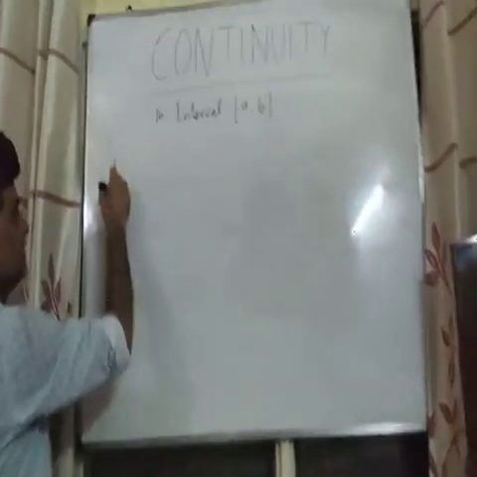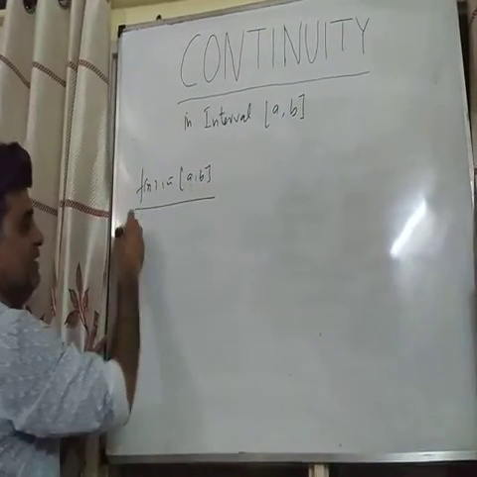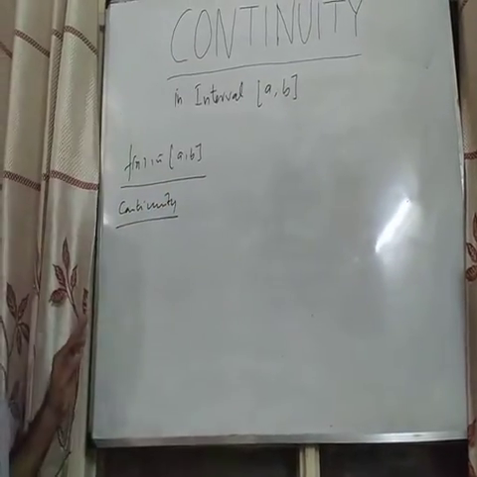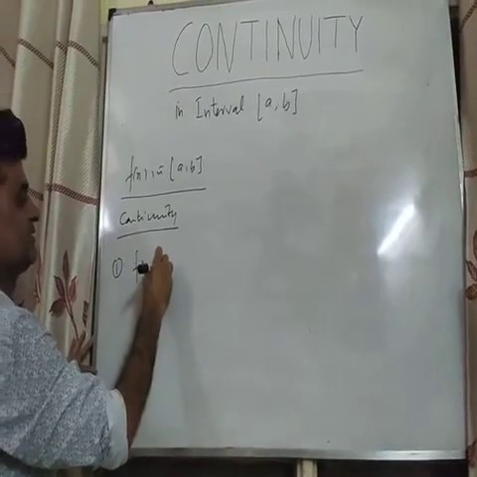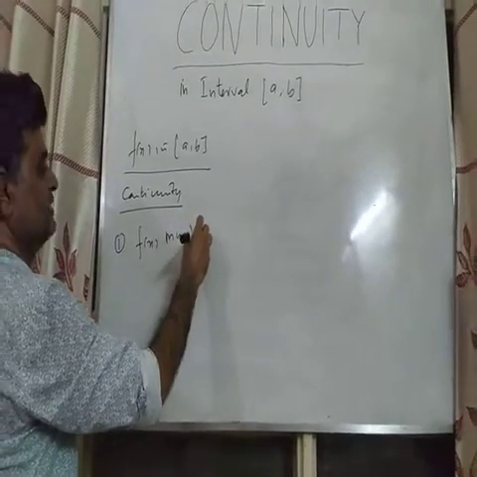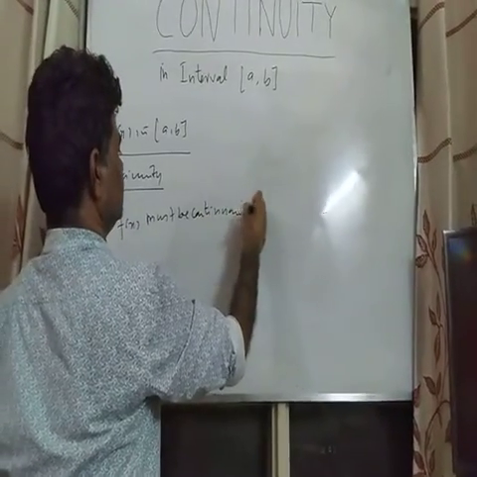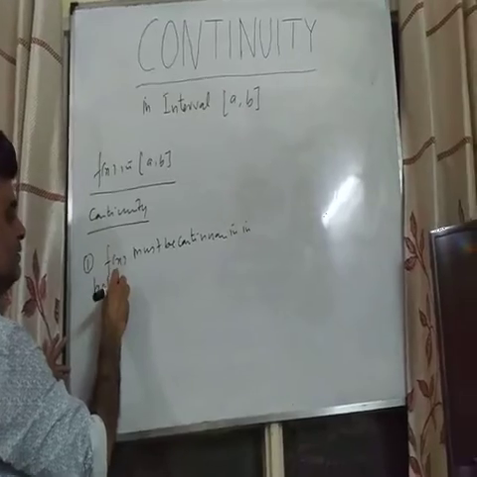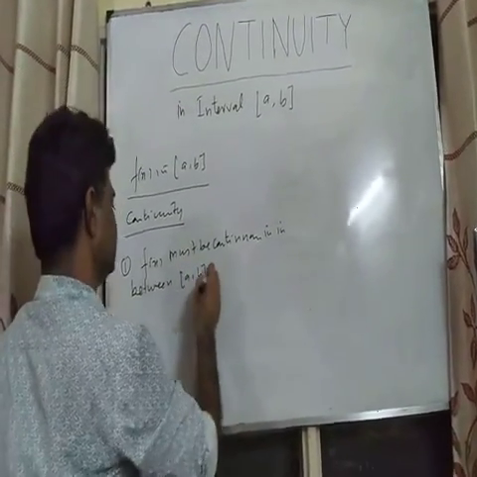Now you see, let a function f(x) be defined in the interval a and b. Then how to check continuity in the interval a and b? First, f(x) must be continuous in between a and b.